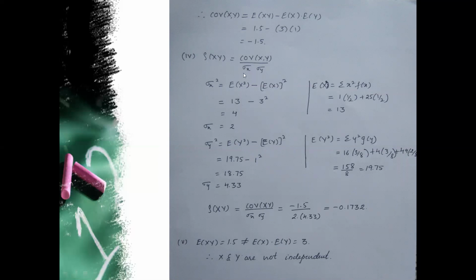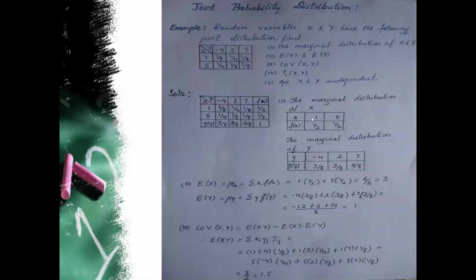So we need to find sigma x. We'll consider sigma x square, the variance. It is expectation of x square minus expectation of x whole square. Now how to find expectation of x square? It is summation of x square into f of x, that is 1 square into 1 by 2 plus 5 square into 1 by 2.